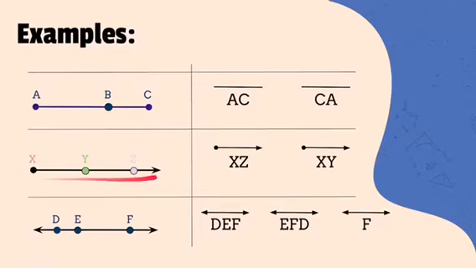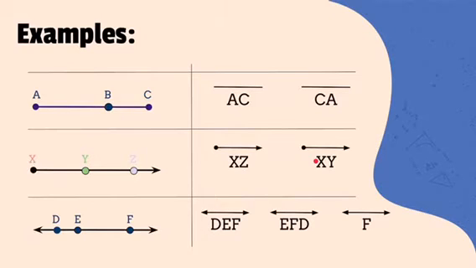Here, this is our ray. So, therefore, we add 2 ray signs above. Now, this can be named as ray XZ or ray XY because in both, the endpoint coordinates with its name. Endpoint X here and also endpoint X shown here and here.